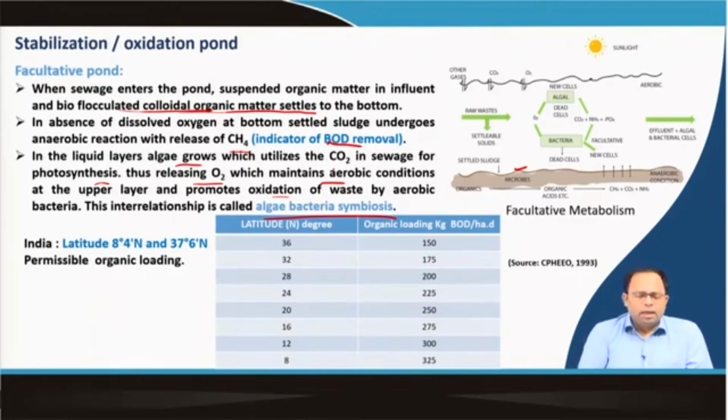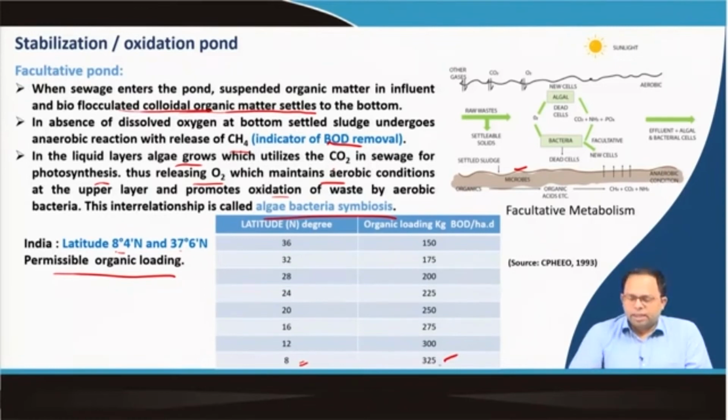So, in India, because we are at latitudes from 8.4 degree north to 37.6 degree north, the permissible organic loadings are much higher than in colder countries, or at other latitudes which are much higher. So, you can see that the lower the latitude, that means the closer we are to the equator, the higher the organic loading, because the sunlight availability is also high.